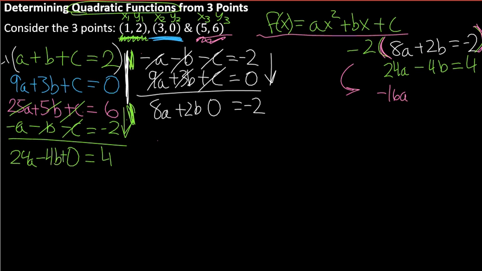Whoops, why am I multiplying by negative? I should just multiply by positive 2, because that b is already positive. I don't know what I was thinking there. So this would be 16a plus 4b, which is what I want. And then over here, I'm going to have minus 4.